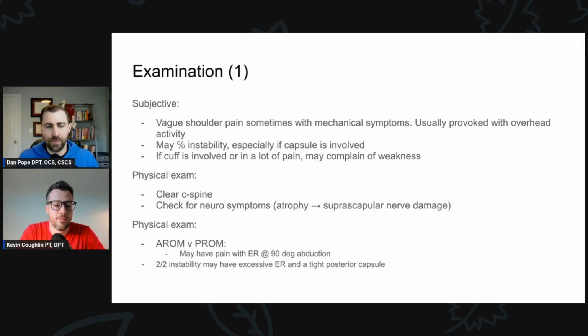And they may have instability secondary to excessive external rotation and a tight posterior capsule. So all your normal shoulder examination rules apply when looking for a SLAP pathology. But you want to pay particular attention to, like we talked about in a previous episode, that mechanism of injury, and just make sure you're doing a thorough job ruling out potential other causes.